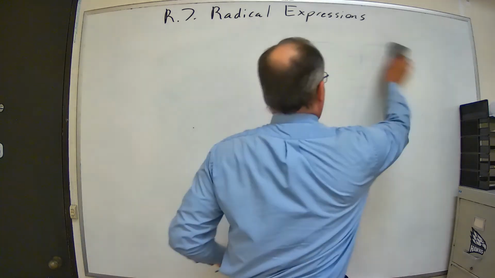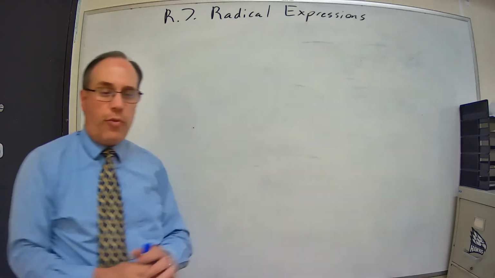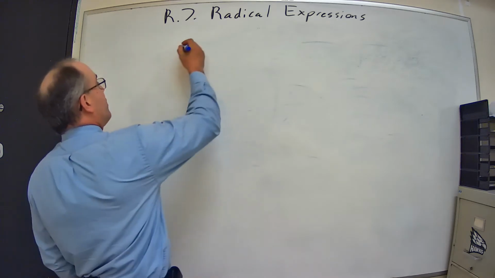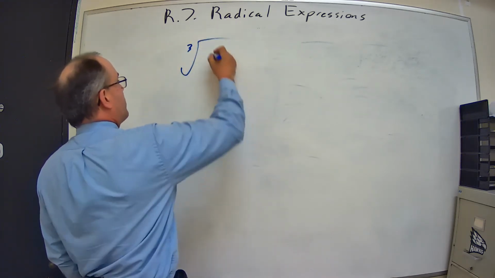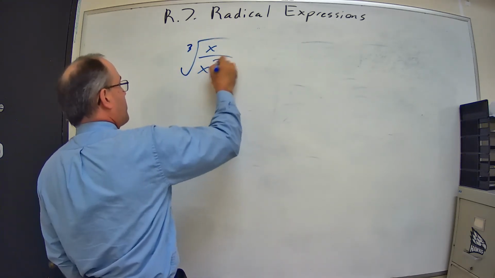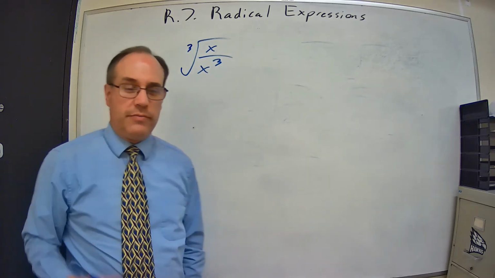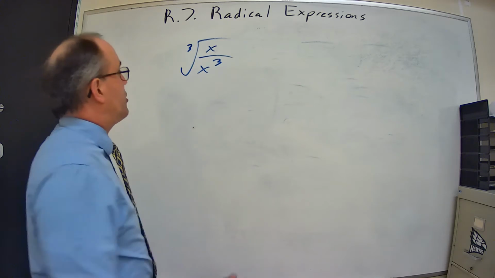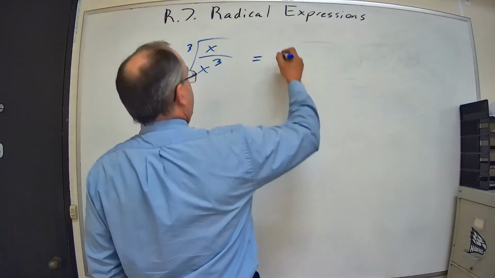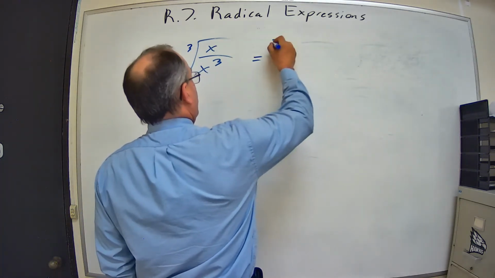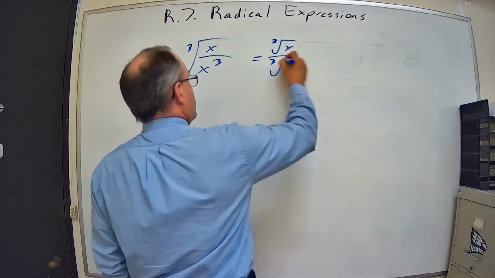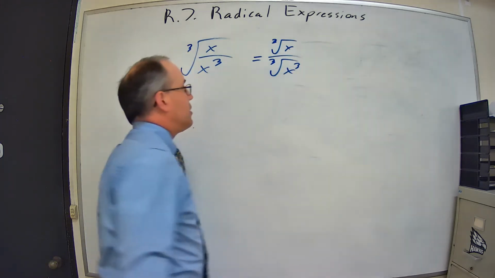Let's try another one using a different rule. What if we want the cubed root of x over x cubed? Well, we can use the quotient rule and say that's the cubed root of x over the cubed root of x cubed.